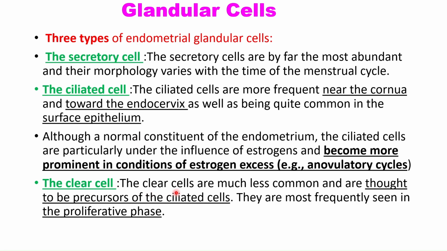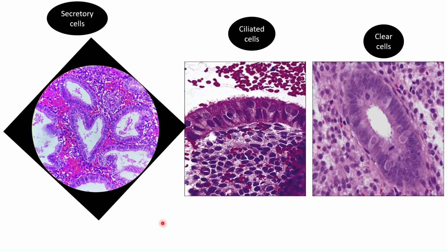Then clear cells. Clear cells are much less common and are thought to be precursors of the ciliated cells. They are most frequently seen in the proliferative phase. So here you can see secretory cells. They are lining all the glands of the endometrium. These are the surface epithelial lining cells, which are ciliated in nature.